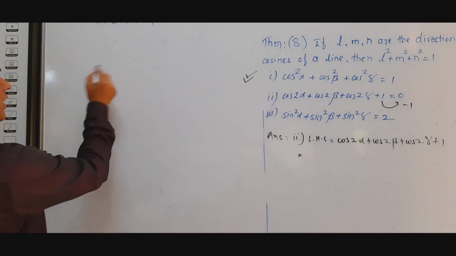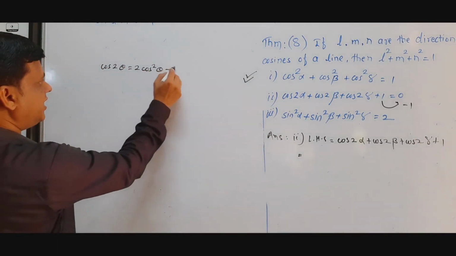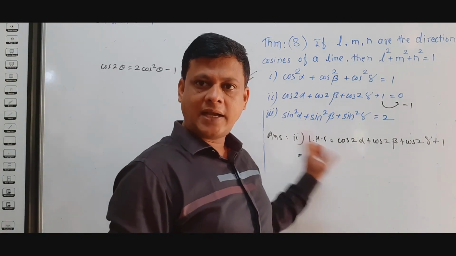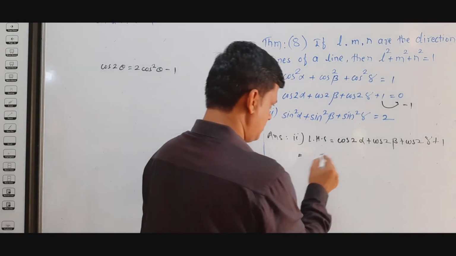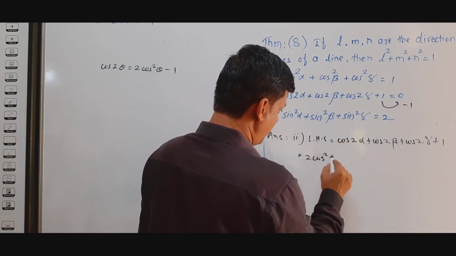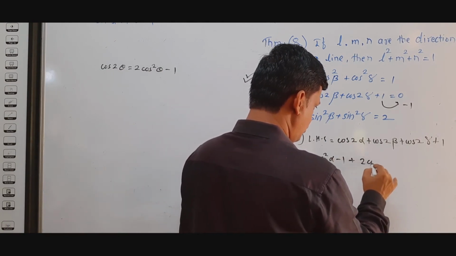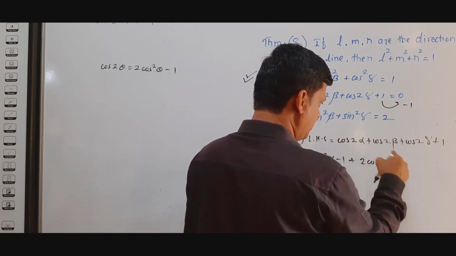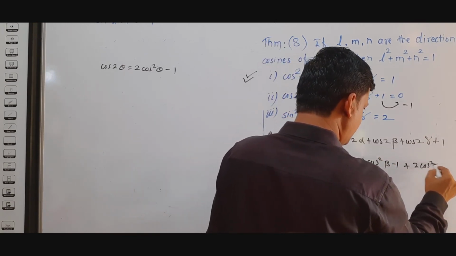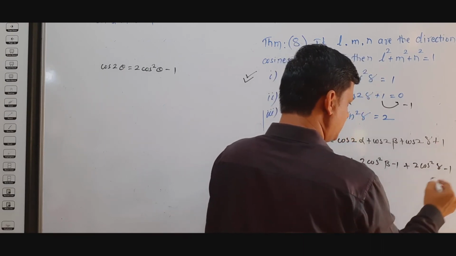We know the formula: cos 2 theta is equal to 2 cos square theta minus 1. So we use that formula. We write here 2 cos square alpha minus 1 for the first, 2 cos square beta minus 1 for the second, and 2 cos square gamma minus 1 and plus 1 as it is.